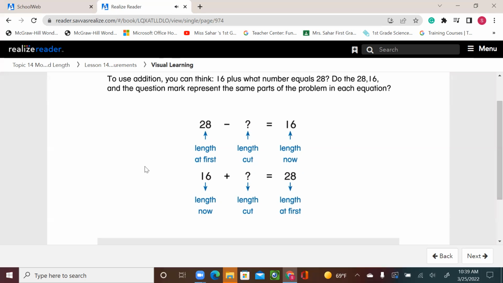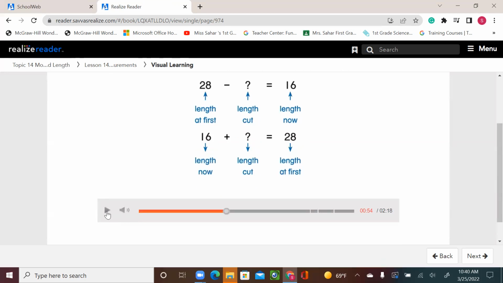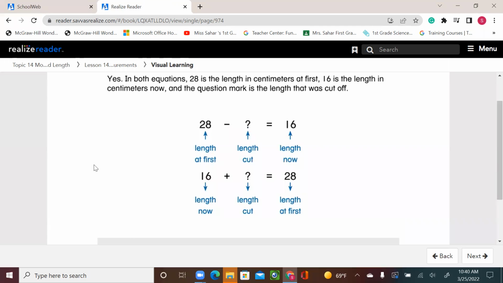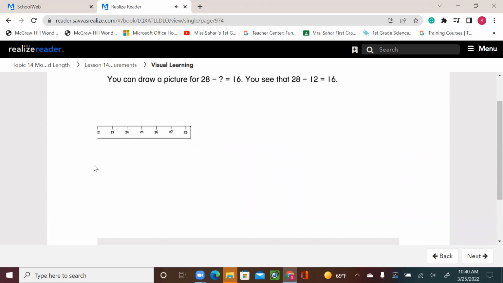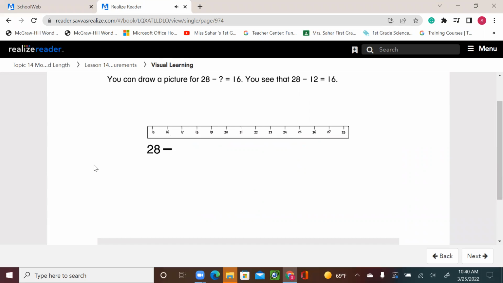Do the 28, 16, and the question mark represent the same parts of the problem in each equation? Yes. In both equations, 28 is the length in centimeters at first, 16 is the length in centimeters now, and the question mark is the length that was cut off. You can draw a picture for 28 minus what equals 16.